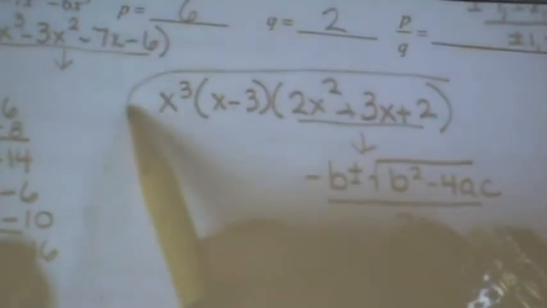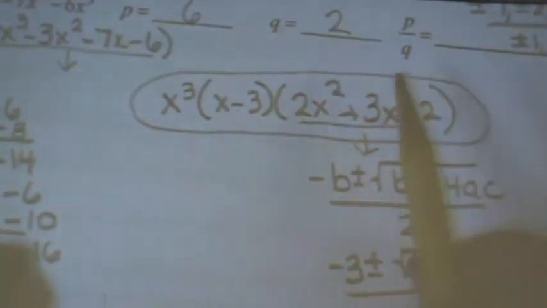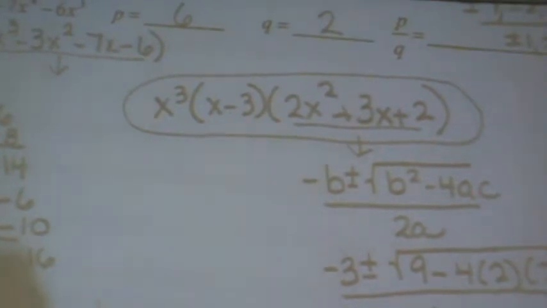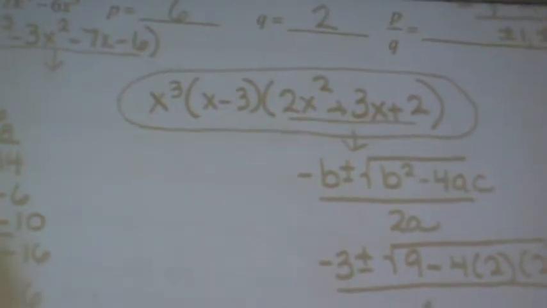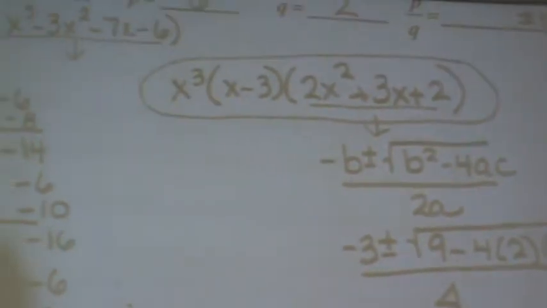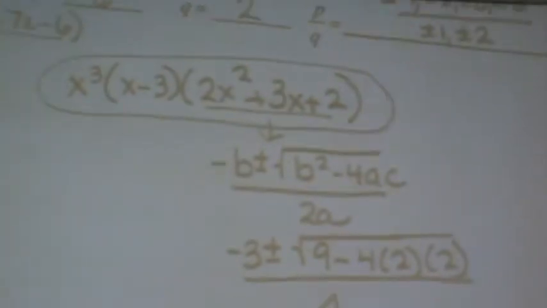If they ask you to write it in factored form, factor it completely, that's the answer: x cubed times x minus 3 times 2x squared plus 3x plus 2. Now what if, let me just say this really quick, because these problems take forever to do, and I didn't give you a lot.